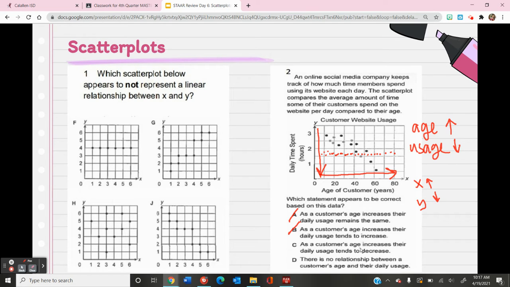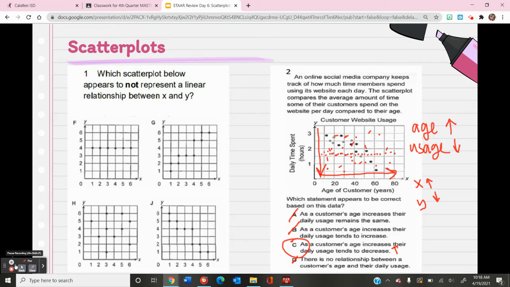C: as the customer's age increases, their daily usage tends to decrease. This is true. And then D: there is no relationship between a customer's age and their daily usage. For D, our scatter plot would just look like a whole bunch of dots scattered everywhere. So again, C is our answer.